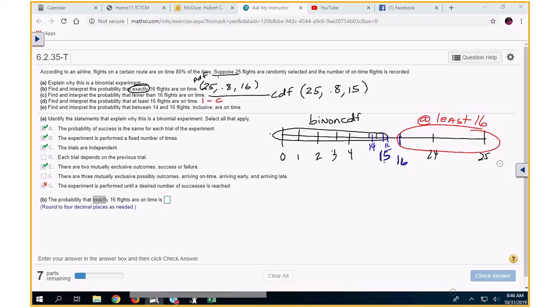You're going to do NP 14 plus NP 15 plus NP 16. And that's how you do it. Okay, somebody give me 4 decimal places on PDF 25, 0.8, and 16.